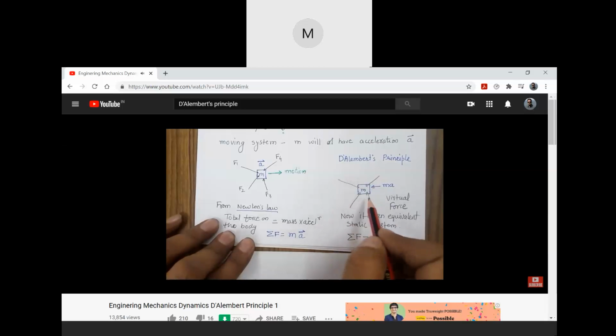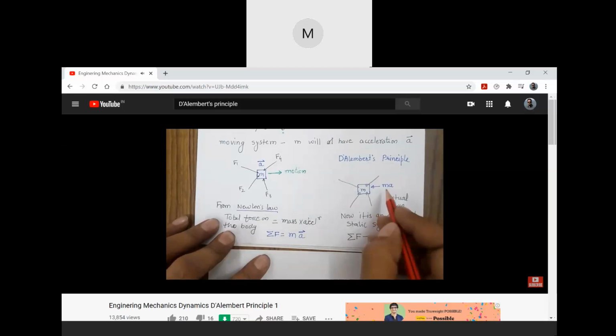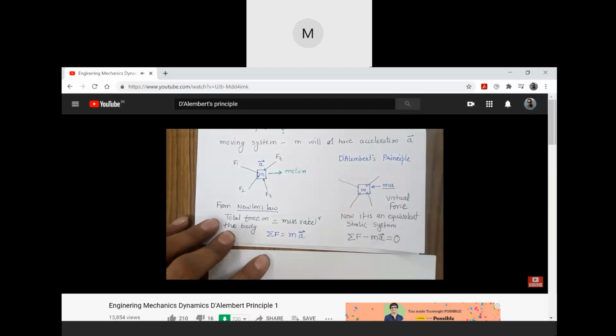Based on this philosophy, D'Alembert's principle says that you have four forces, and because of the four forces the system is moving, so let's make the system static by adding a virtual force of magnitude m into a. Please understand what we are doing. We had four forces, and because of them the system is moving with a certain acceleration a.